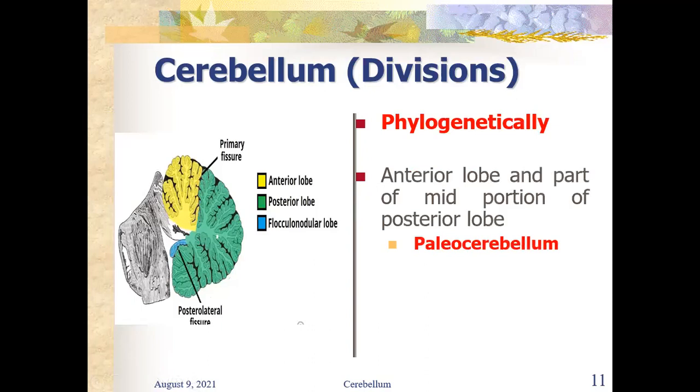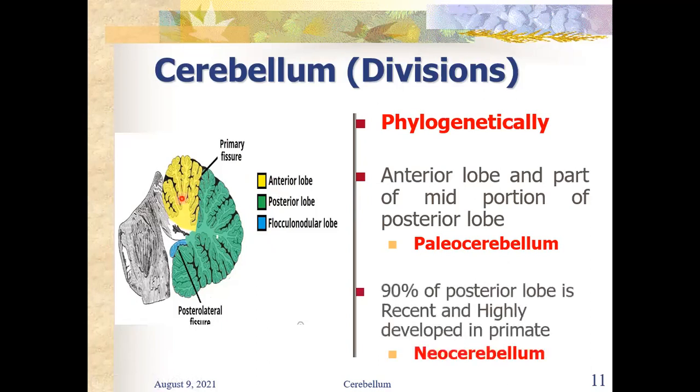When we talk about phylogenetically, we mean relating to evolutionary development. The anterior lobe of the cerebellum is part of the paleocerebellum. 90% of the posterior lobe here is recently developed.